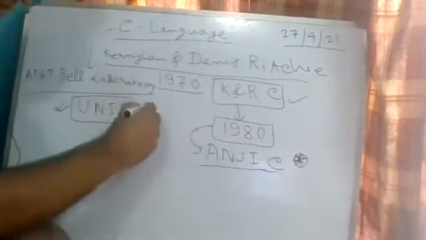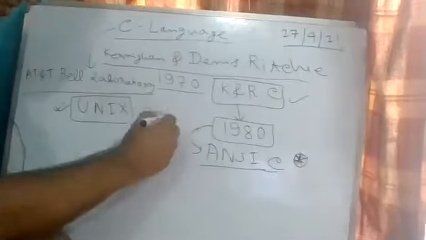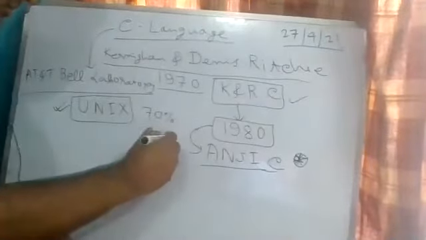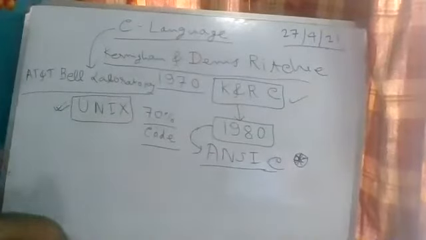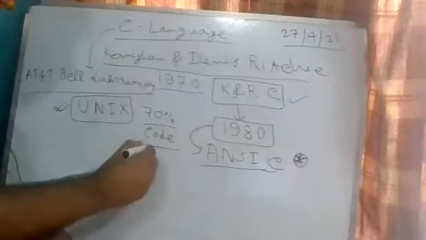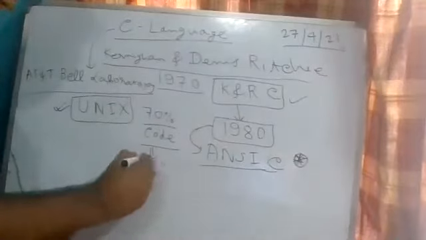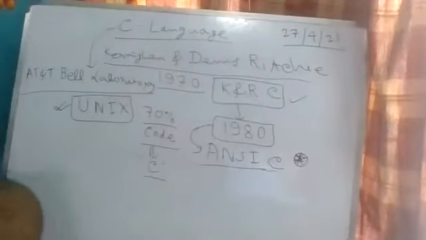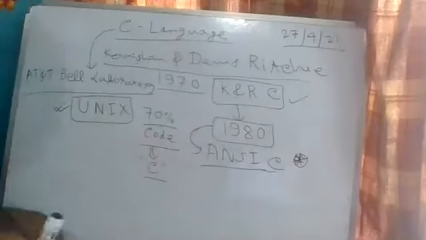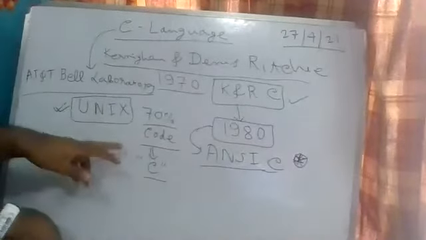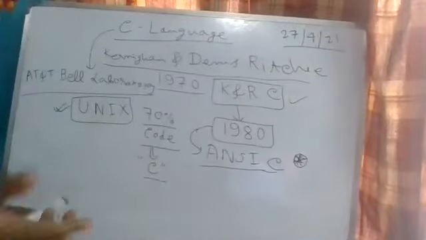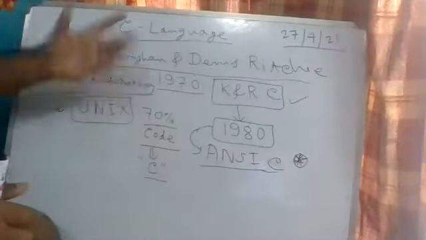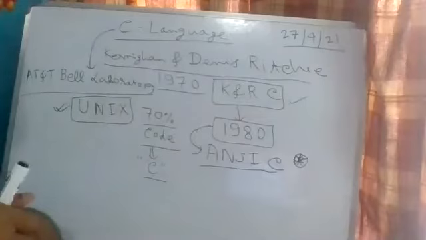That's why 70% of the code of the Unix operating system was made with the help of C. In Linux, Unix, whatever operating system you are using, 70% of its code is made up of C programming language. In the future, it had very wide application.